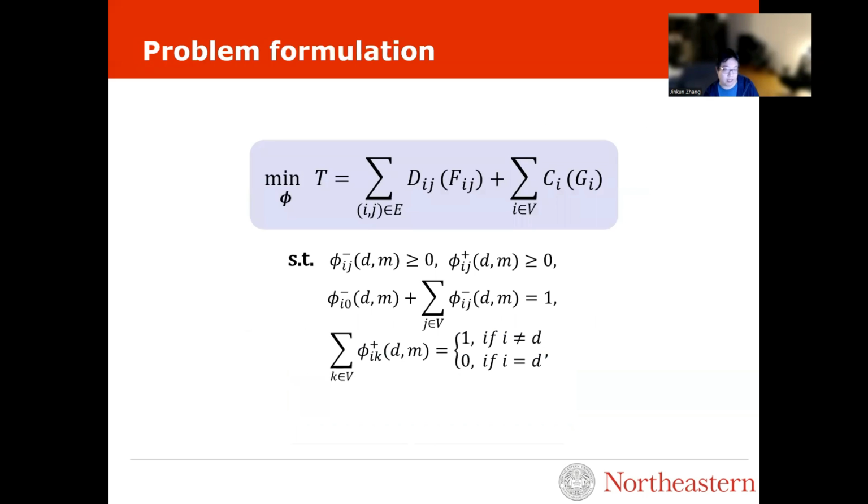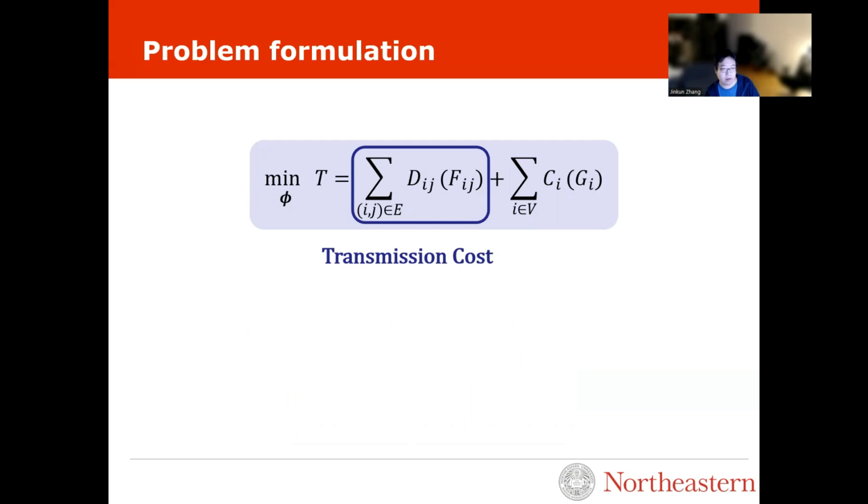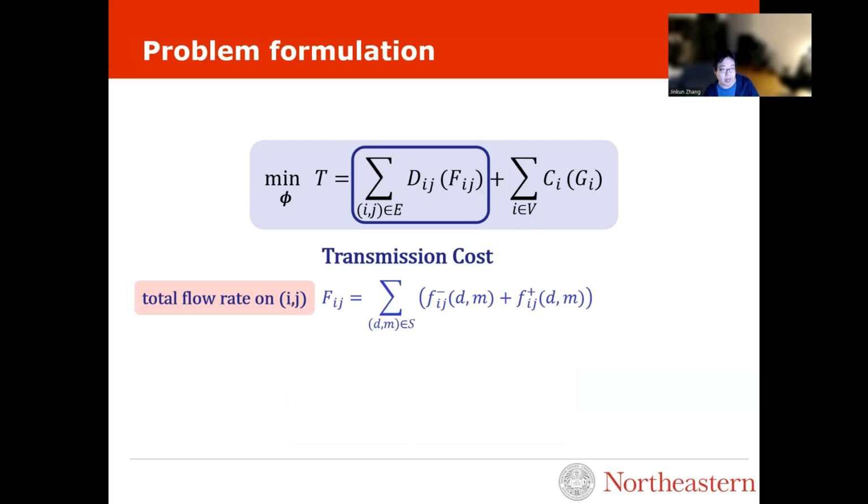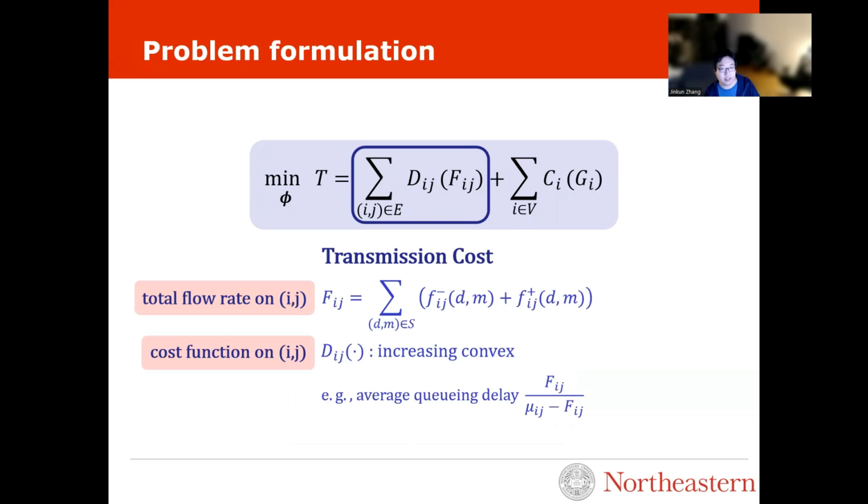Now we can formulate our problem. Our goal is to minimize the network-wide total cost T over the fraction variables phi. This total cost consists of two parts. First is the transmission cost. Here big F_ij is the total flow rate on link ij, and D_ij is an increasing and convex cost function.